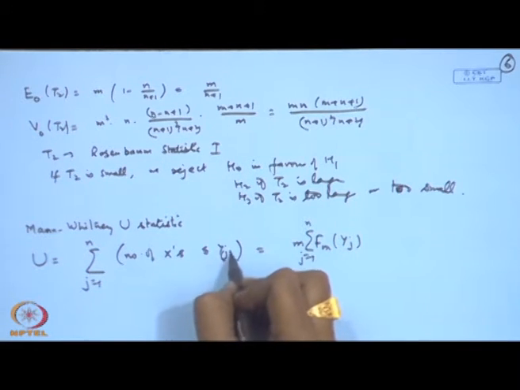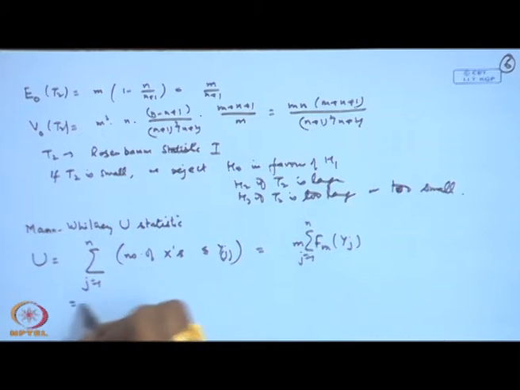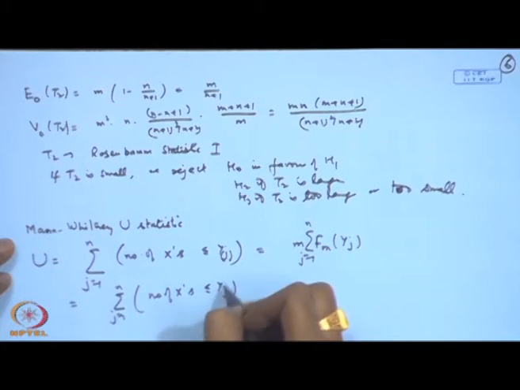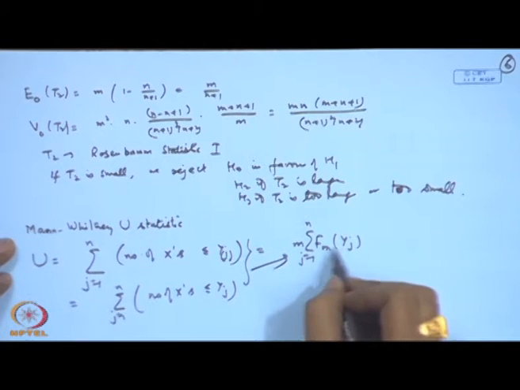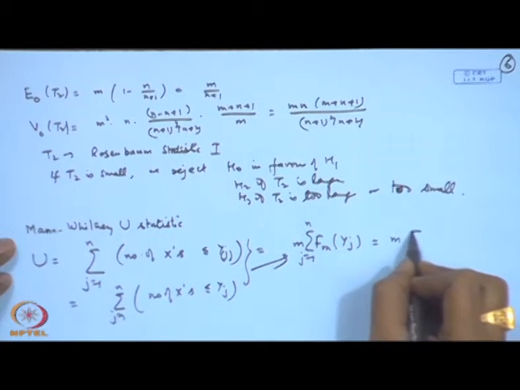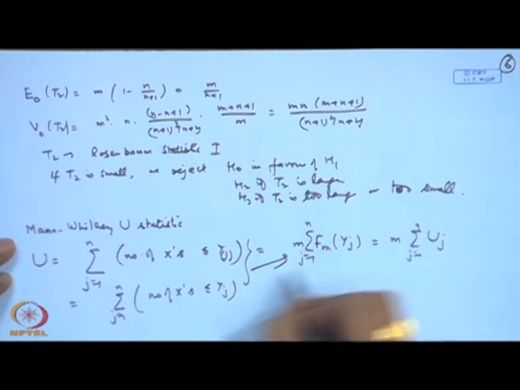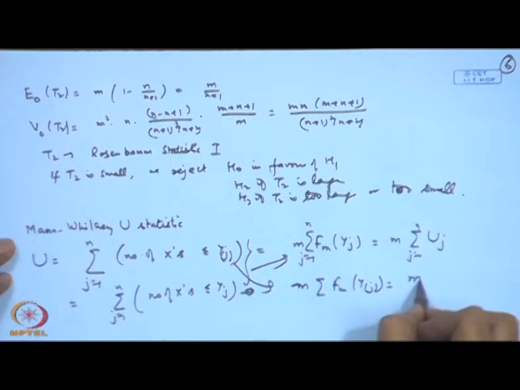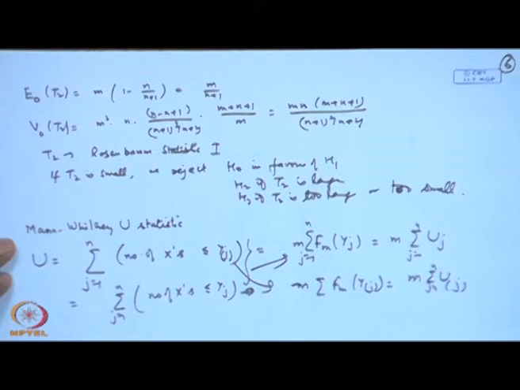Actually, here if I put this or if I put this, they are the same, because when I am summing over all j's, whether it is ordered or unordered, both are the same. So, both of them I can write like this. Now, the advantage of this term is that it is simply m times sigma of uj, and if I consider this form, then it is m times sigma Fm of yj, that is equal to m times sigma of uj. So, this is now known as the Mann-Whitney U statistic.